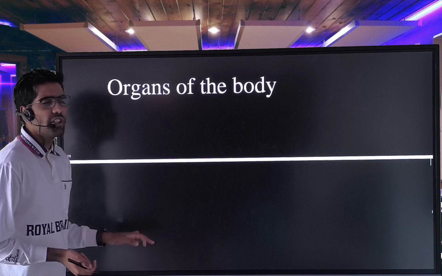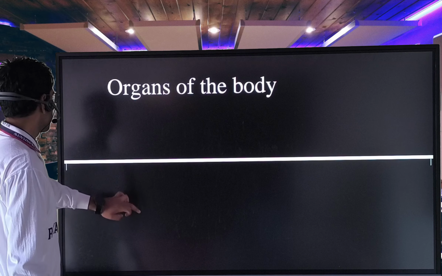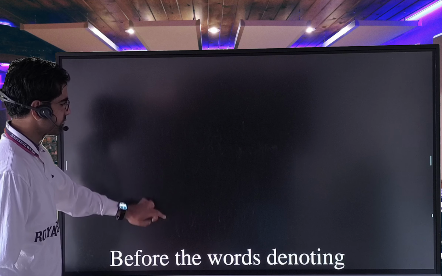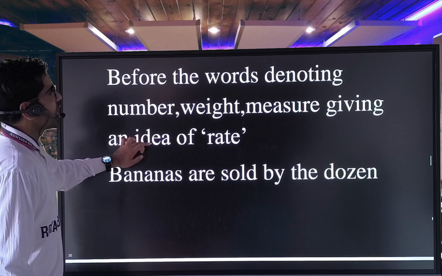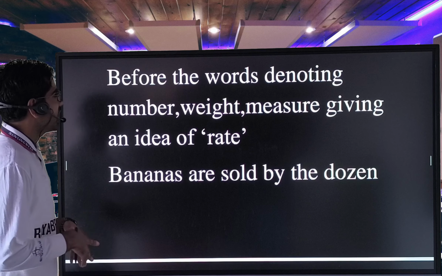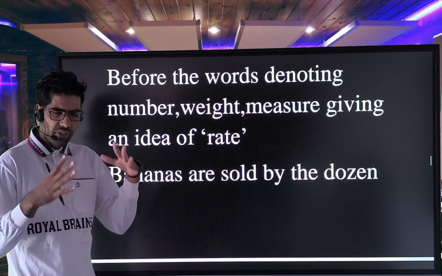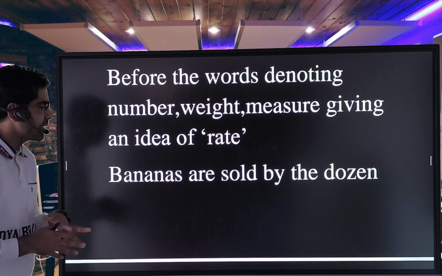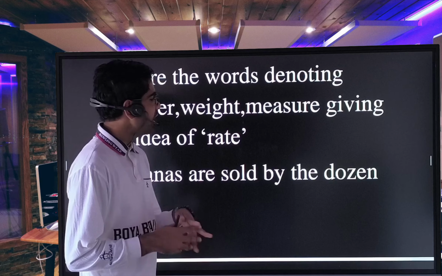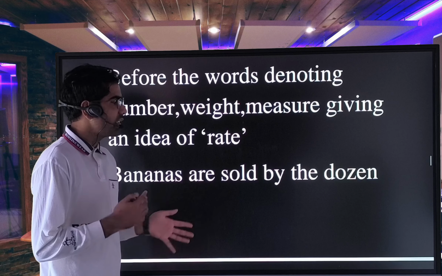Now, simply talking of organs of the body, use always article the. So, talking of the words, before the words denoting number, weight, measure, giving an idea of a kind of rate. For example, if I say that bananas are sold by the dozen, I would not say by a dozen, by dozen, by the dozen.